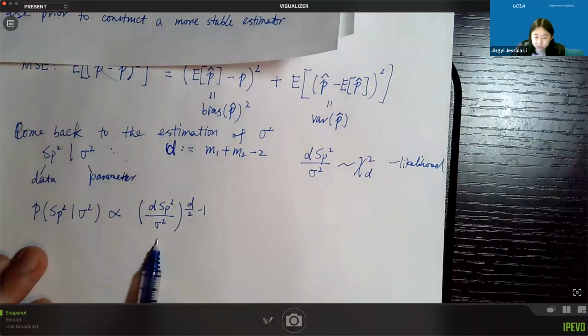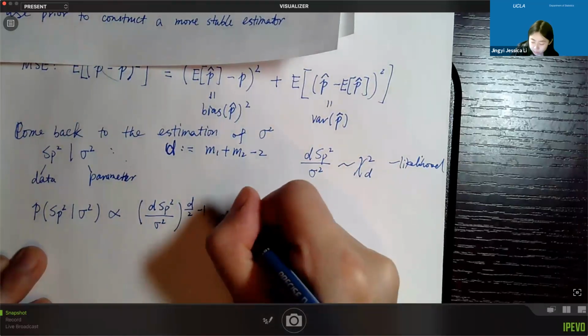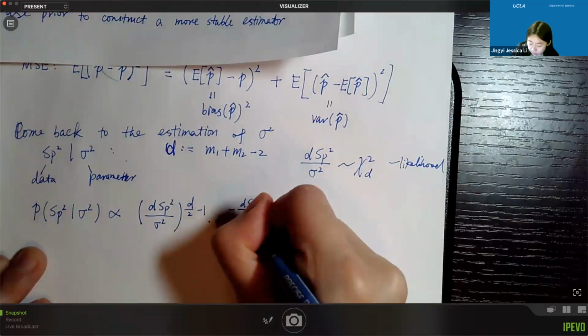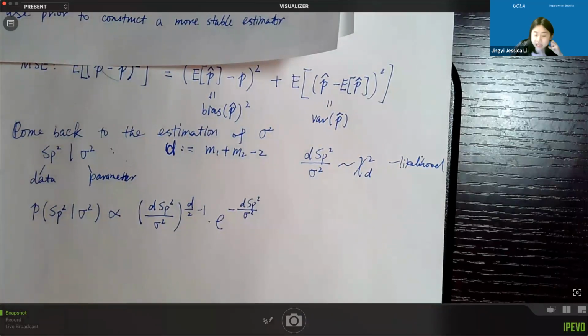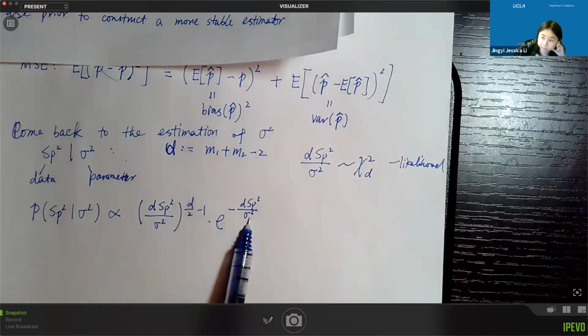So this is chi-square density, and another term is exponential term, exponential to the power negative D SP squared over sigma squared. So you see our sigma squared appears in two places. One is here, one is in the exponent.